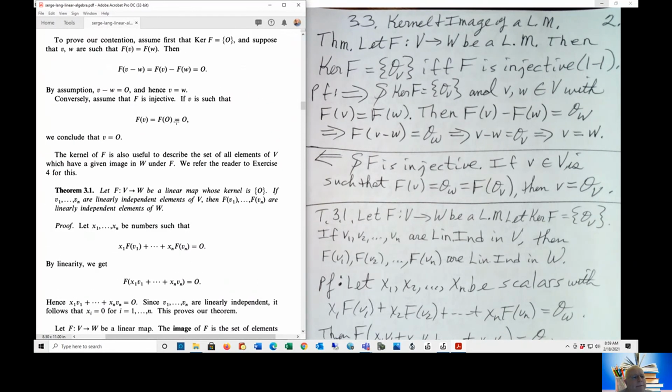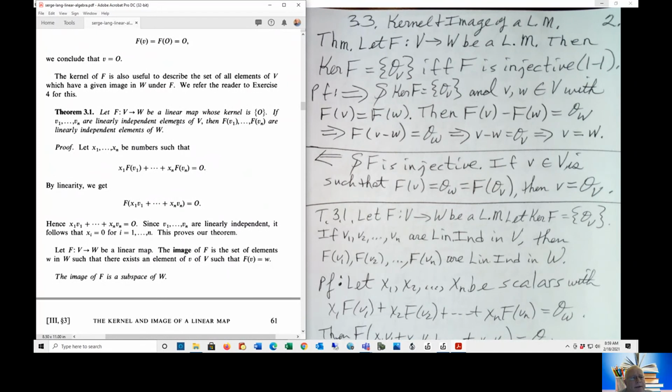Now let's look at theorem 3.1. Theorem 3.1 says the following. Let f be a linear mapping, and let the kernel of f be trivial.